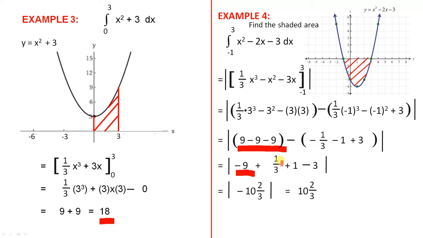Minus times minus a third is plus a third. Minus times minus 1 is plus 1. And minus times plus 3 is minus 3. So when we work all that out, all that part that's inside the absolute value sign, we get minus 10 and 2/3. Because we're asked to find the area, the absolute value of minus 10 and 2/3 is 10 and 2/3. So that is actually the area. This is just the calculation, but that is the actual area, which has to be positive.